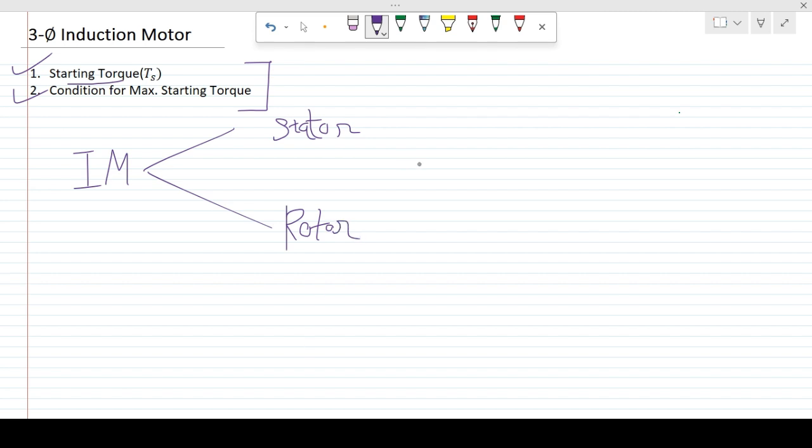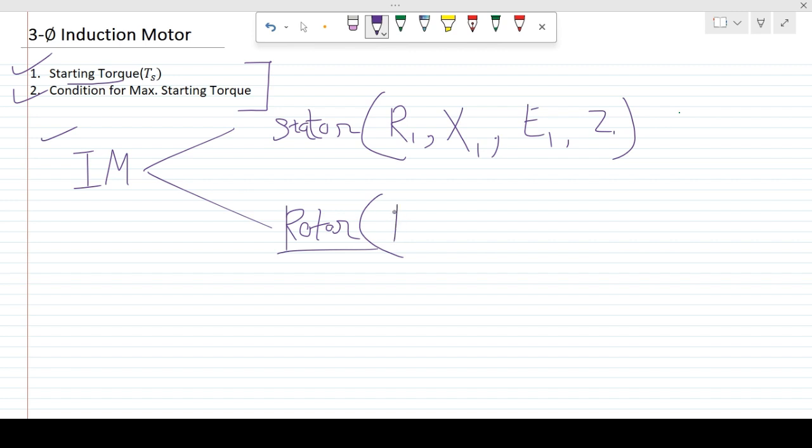In the equivalent circuit of the induction motor, the stator has parameters like R1, X1, E1, which is the induced EMF, Z1, etc. And in the rotor, we have R2, X2, E2, Z2, and the power factor, cos phi 2.